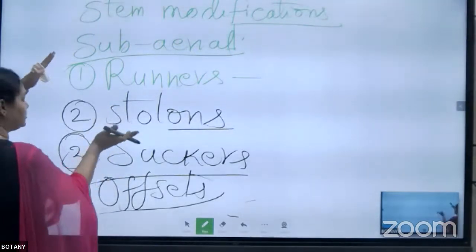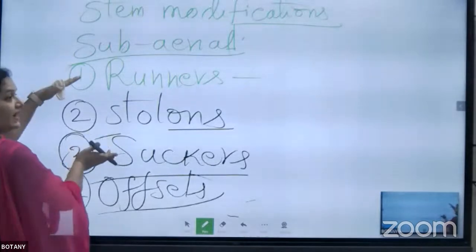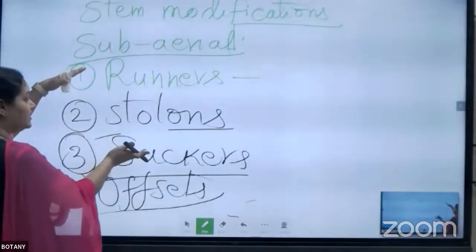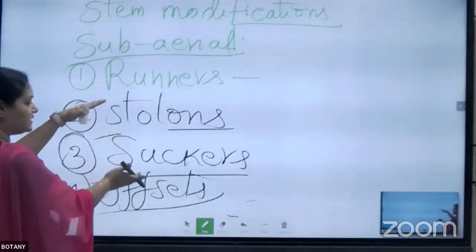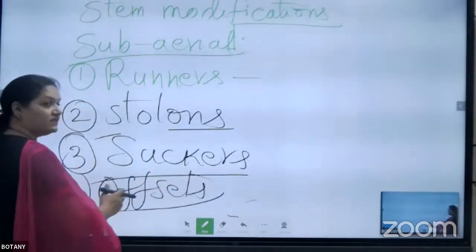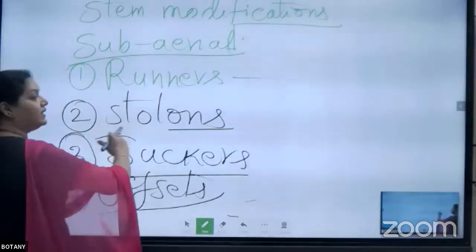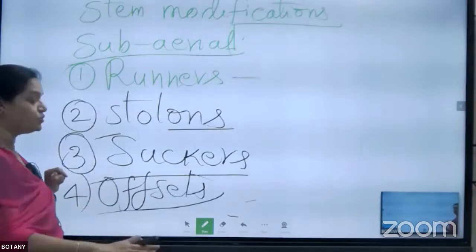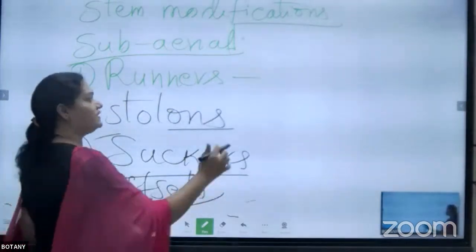The first three are land plants on the soil. Only these three modifications we can see. So these three together we have to write like this, and the offsets always at the last. It should not be coming in between the plant modifications. At any cost, we should not write it. So the fourth one is the offsets.